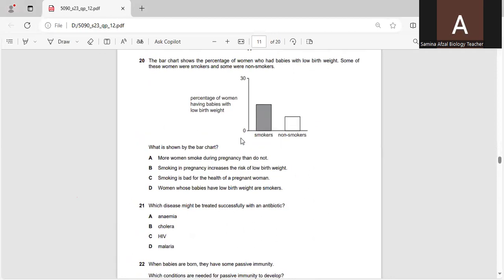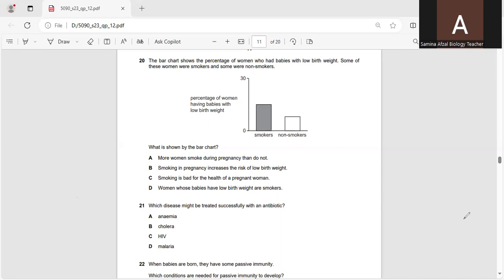Now, question number 20. The bar chart shows the percentage of women who had babies with low birth weight. Some of these women were smokers and some were non-smokers. What is shown by the bar chart? You can see the bar chart. Smokers are greater in number compared to non-smokers.